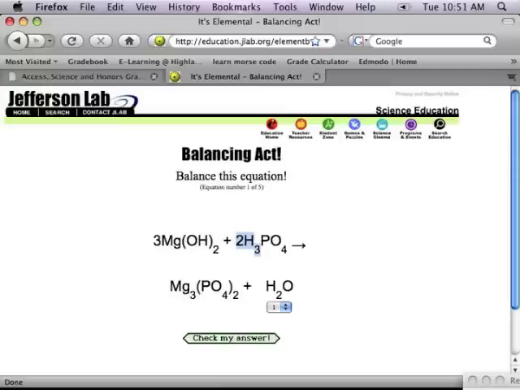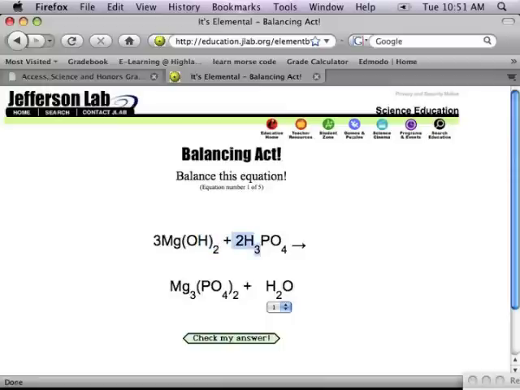But if I look over here, here's a unique situation. We haven't seen this yet. The 2 subscript here doesn't just affect the hydrogen, it affects the oxygen in parentheses also. But right now I'm just interested in looking at my hydrogen. So right now I've got 2 hydrogens, but it's multiplied times that 3. So 3 times these 2 here is 6.